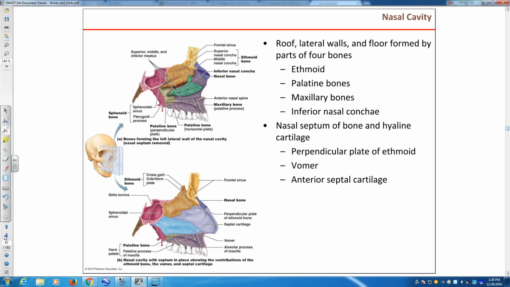Nasal cavity, as we already discovered, is formed by the ethmoid bone, the palatine bone, which forms the floor of the cavity, okay, maxillary bone, also a floor of the cavity, vomer, and inferior nasal conchae. Okay.